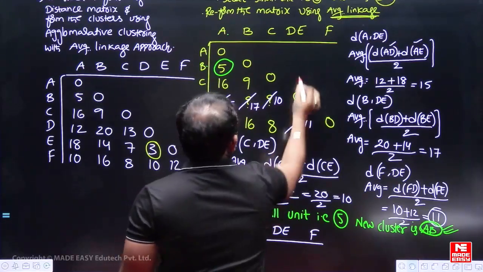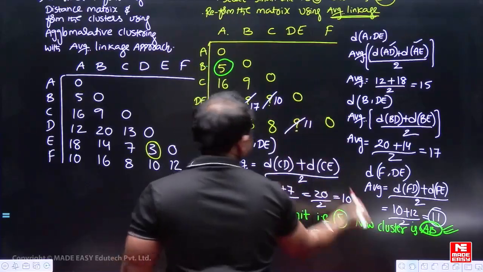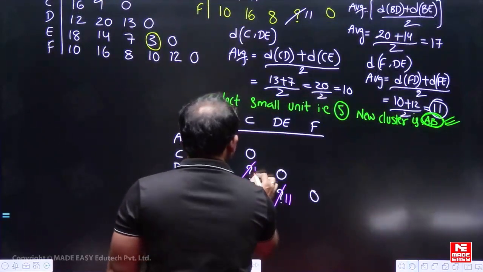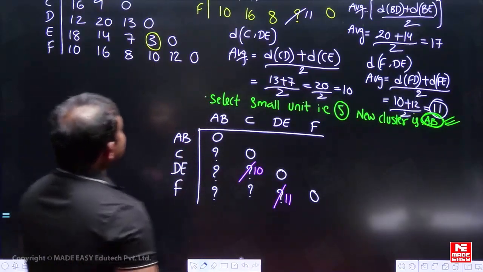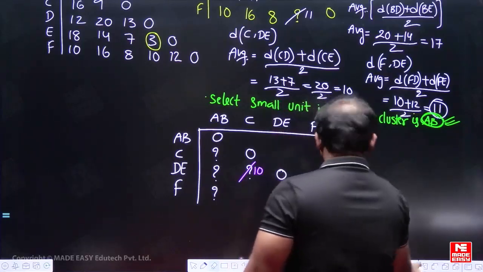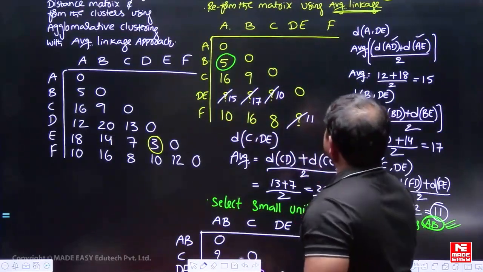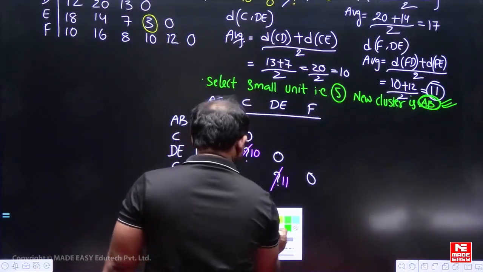And F and DE not changed. These two clusters are not changed, so this information will be as it is. Then C and F value is also not changed. That is equal to 8. This you can maintain as it is.